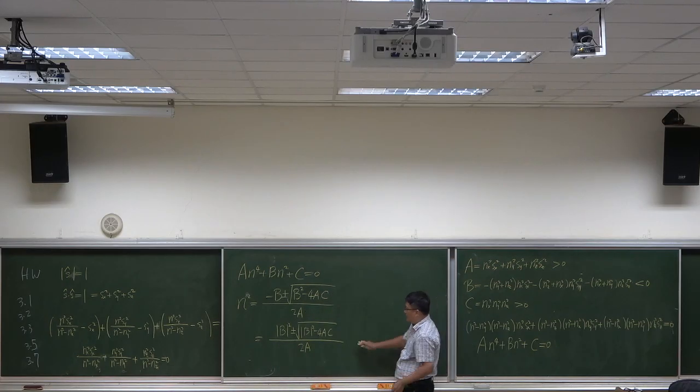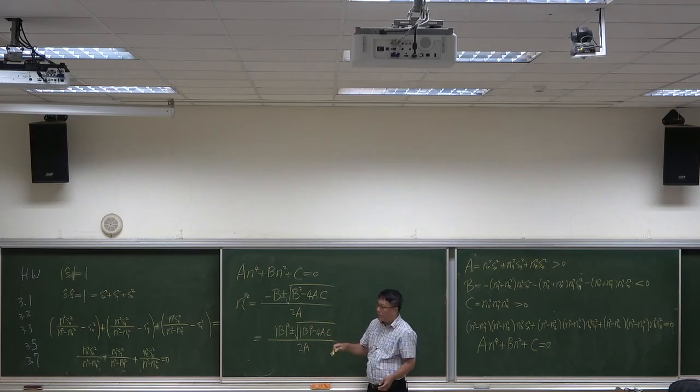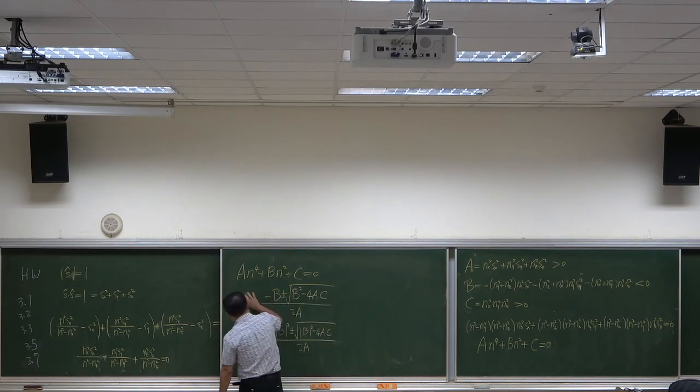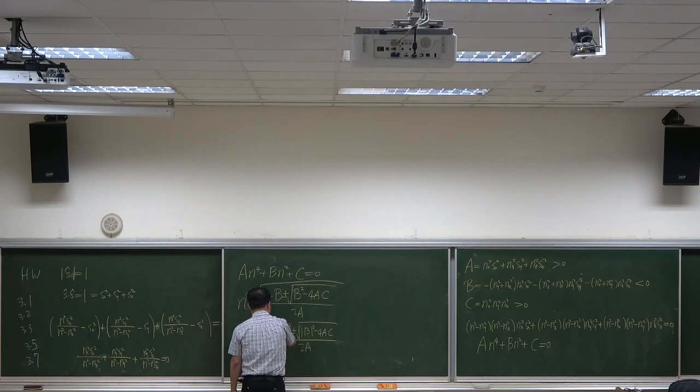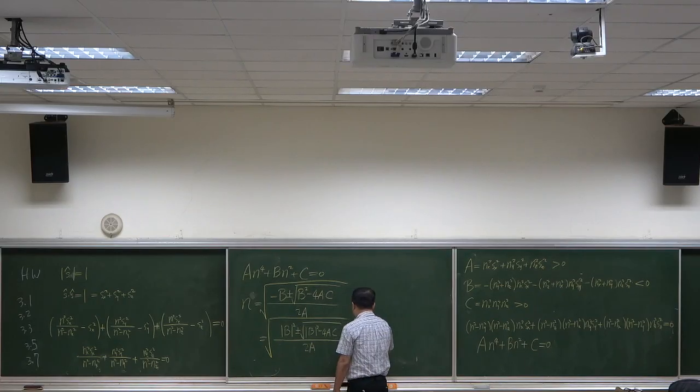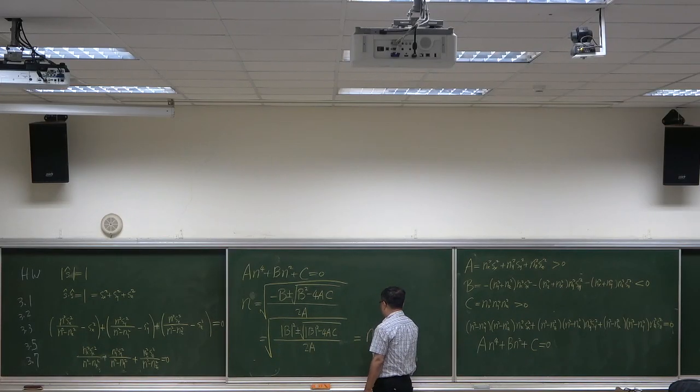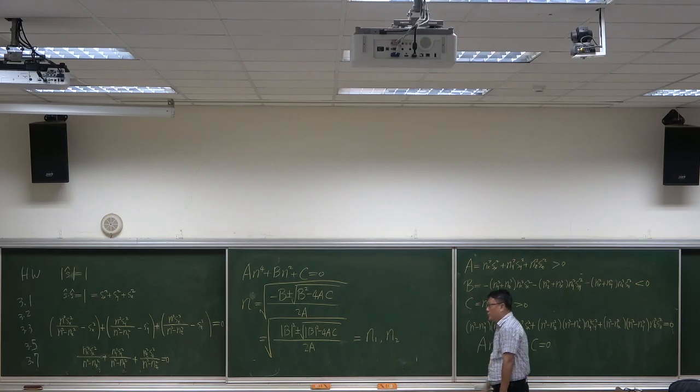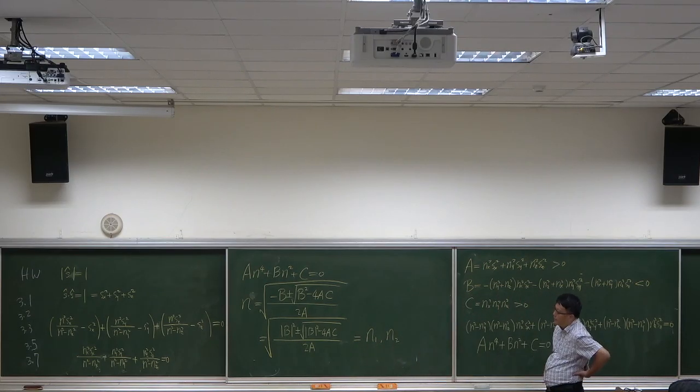So this gives us two positive numbers, and we can take the square root of them. We get two solutions of the refractive indices.